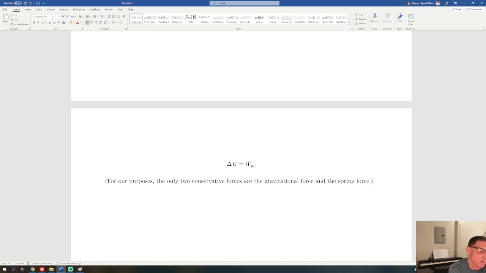So would we ever have to use conservation of energy, or could we always use the work energy theorem instead? They're the same thing. That's the simplest answer: they will give you the same answer to any given problem. So it's a matter of your preference, or if you're told specifically to use the work energy theorem. But if the problem is stated such that you can do it either way, it doesn't really matter.